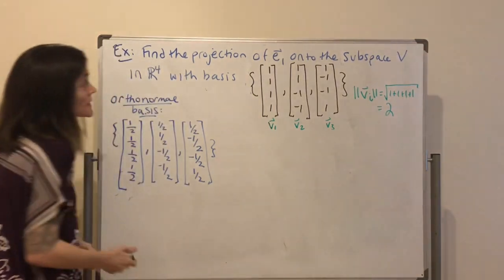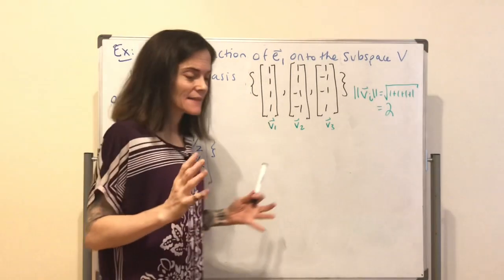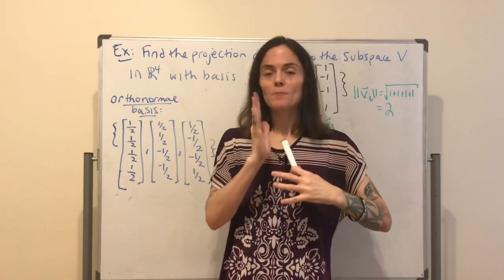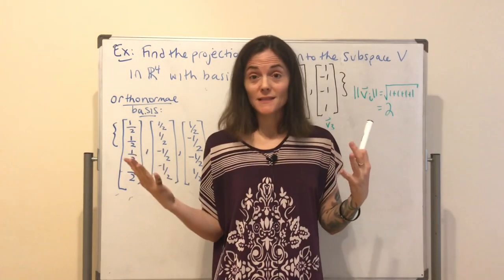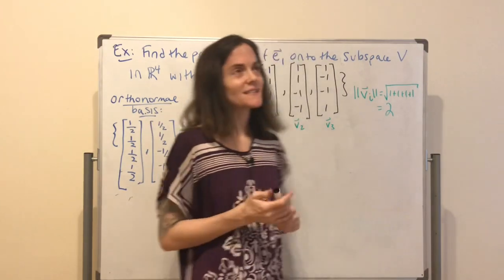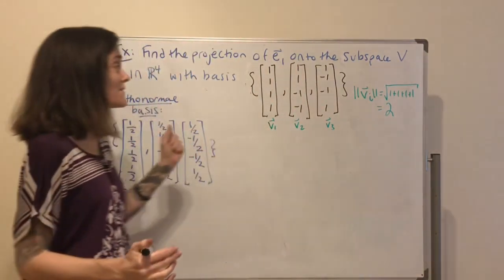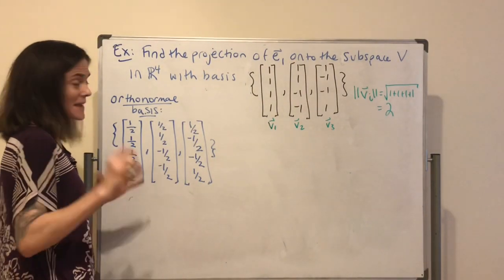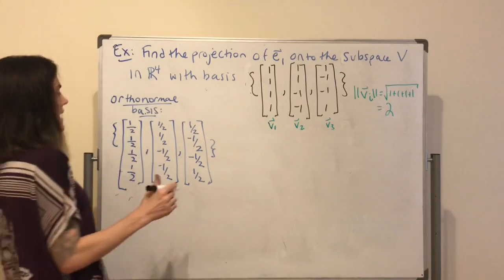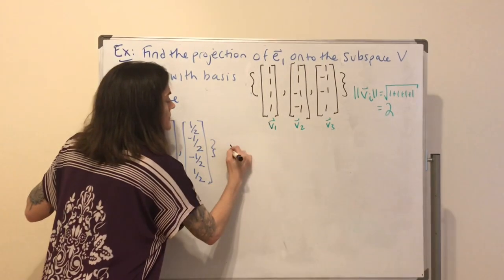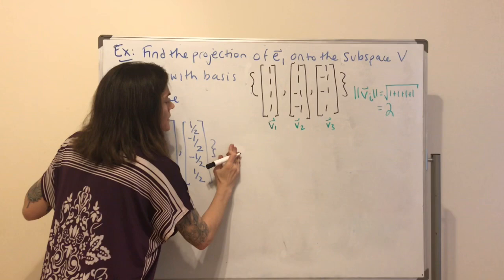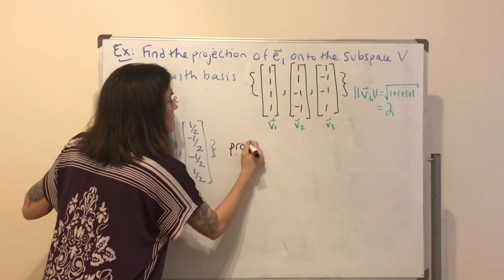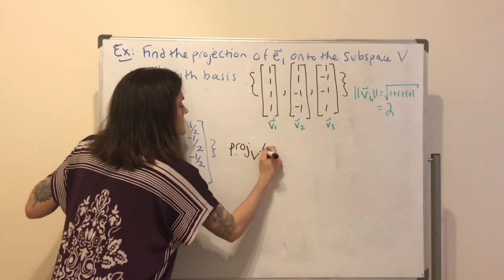Now let's project E1, and I will find this other part, which is the component of E1 that's orthogonal to the subspace, and we'll check, just as a first example, that in fact it should be orthogonal to the subspace. I'll make a comment on that when we get there. Okay, so if we want this, E1, I know the vector I'm doing it to, the projection onto the subspace of E1.